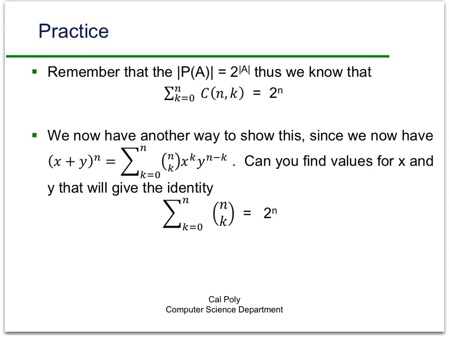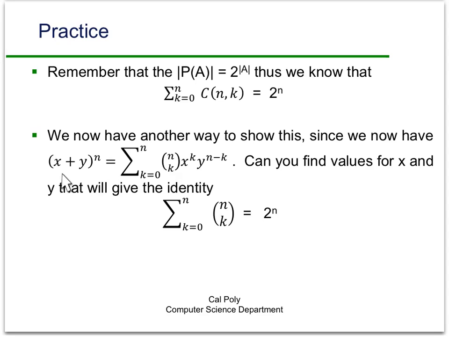And I think you should be able to prove this theorem, that the number of subsets of size k, if you add up all the different sizes, is going to be equal to 2 to the n. I mean, certainly if you add up all the different sizes, that's how many subsets are in the power set. So we now have another way to show this other than reasoning about it like I just did.